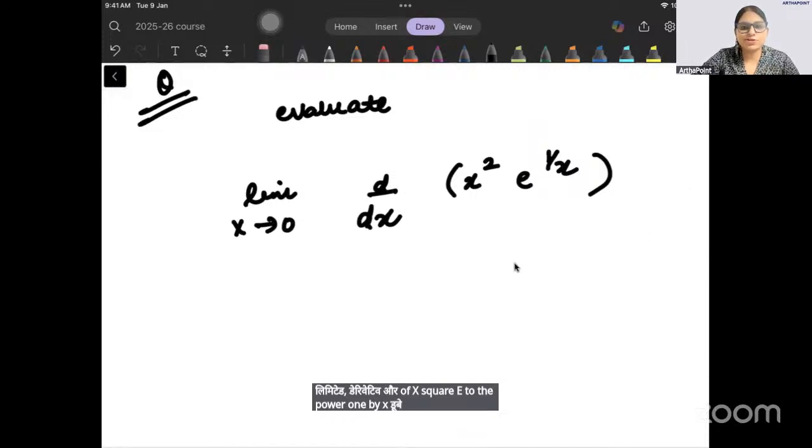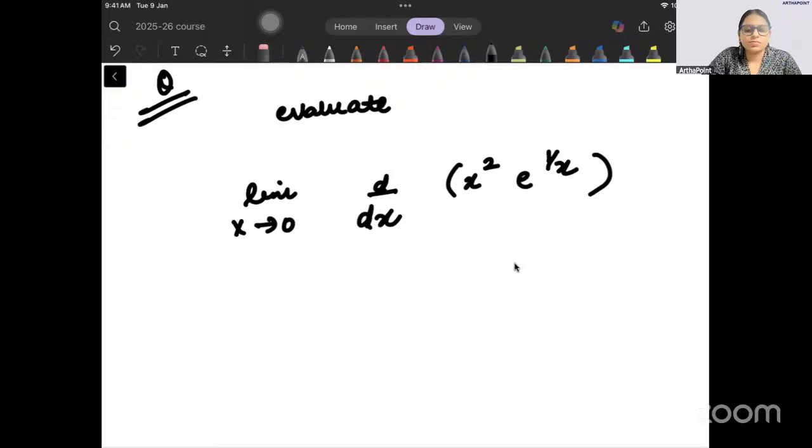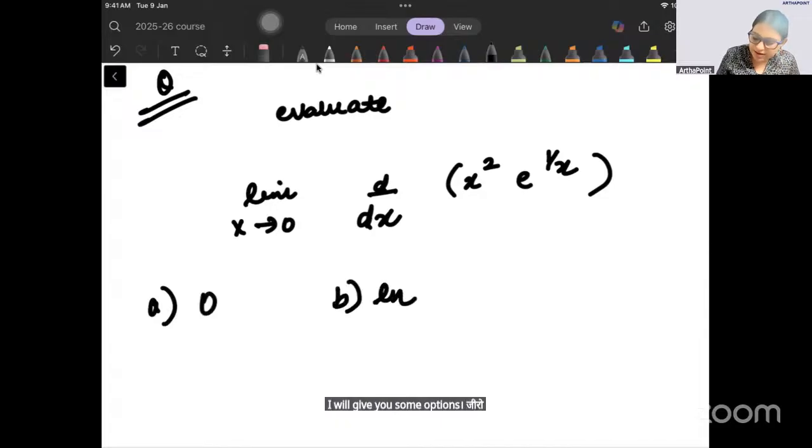Everyone solve it. I'll give you some options: 0, ln x, e to the power x, does not exist.